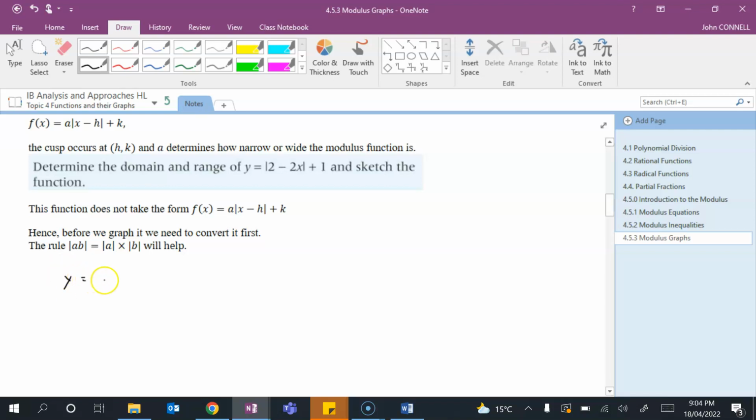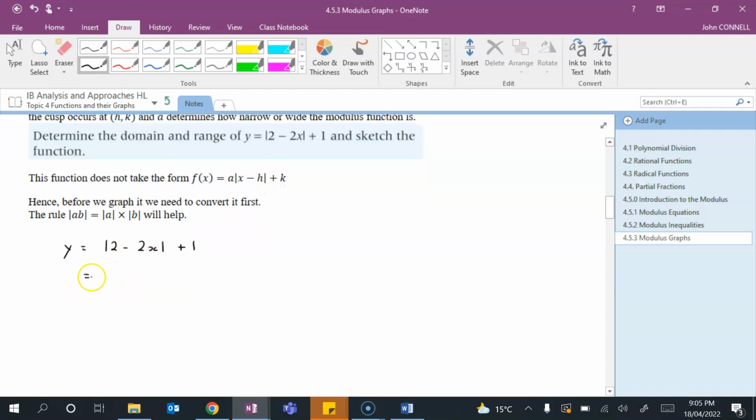Now, y is equal to the modulus of 2 take 2x plus 1. The first thing I notice is that x has a coefficient of 1, and the coefficient is positive 1, not negative 1. So really we want to take out a common factor of minus 2 to get the coefficient of x being 1.